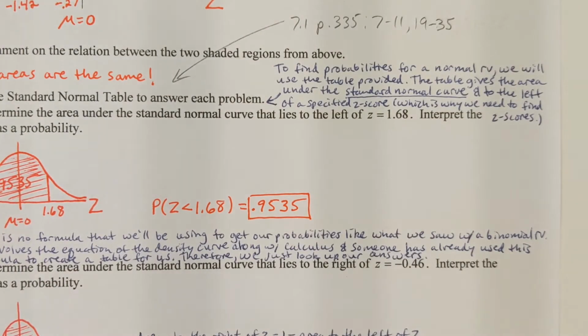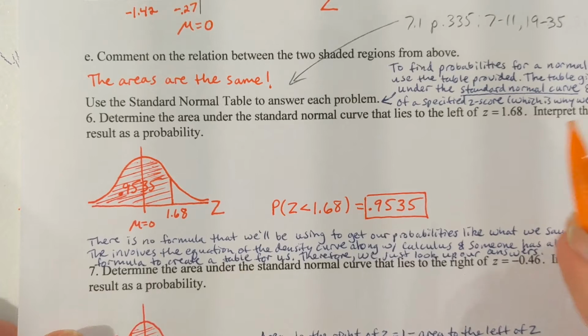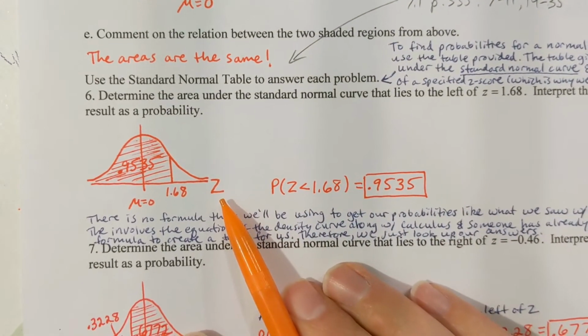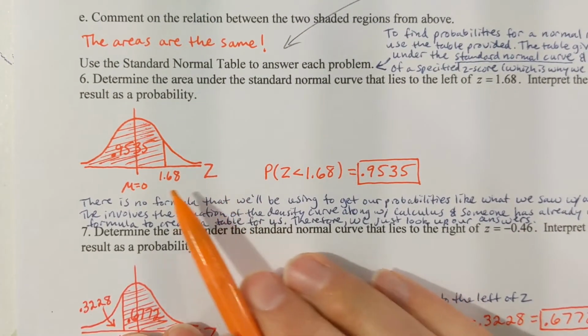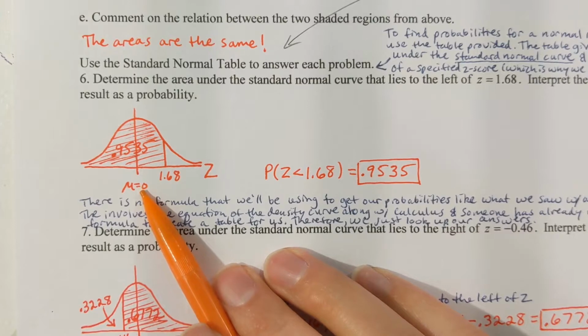Now the table will always give you the area under the standard normal curve, which is why we have to find a z-score, but it's going to be the area under the standard normal curve that is to the left of a specific z-score. So let's go back to this problem. Remember, with the standard normal distribution, the mean is always 0 and the standard deviation is always 1.